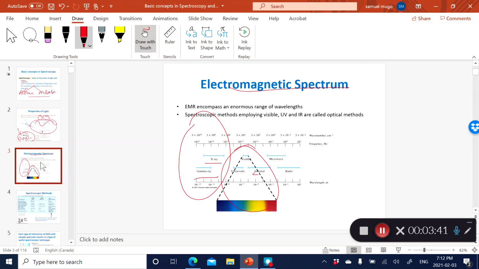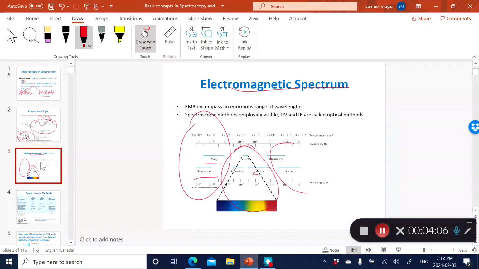They are of moderate energies, and as such, when they impinge on a chemical specimen, the electrons of the molecules or the atoms are going to transition from their ground state to the higher energies.